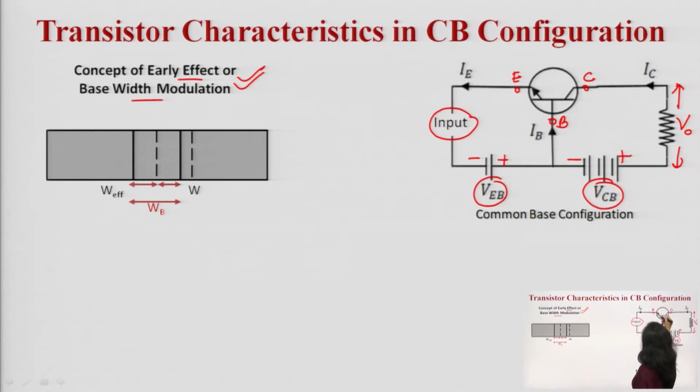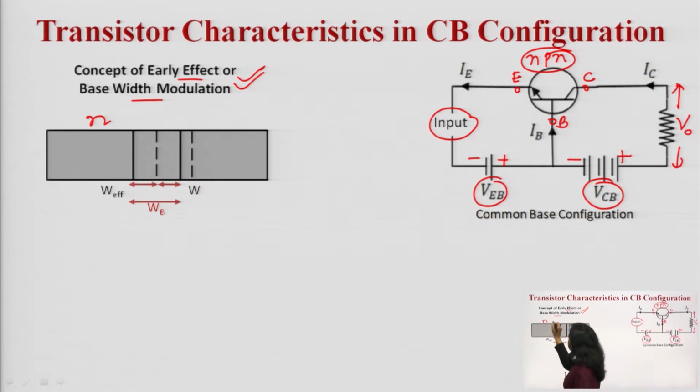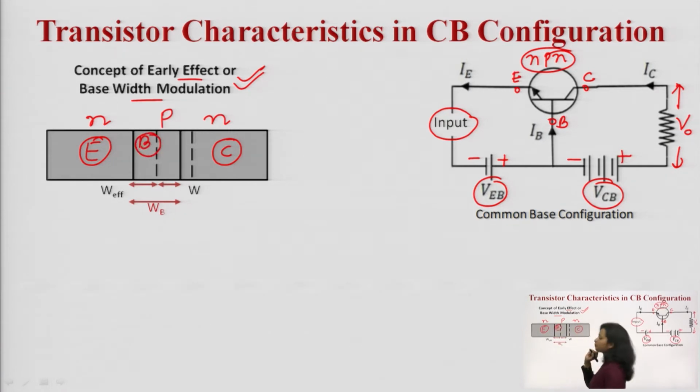When we are talking about an NPN transistor, you can see this is an NPN transistor, meaning N, P and N. The emitter terminal is made of N-type semiconductor, the collector is made of N-type semiconductor, while the base is made of P-type semiconductor.